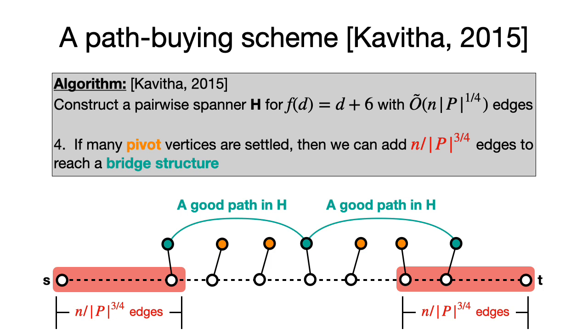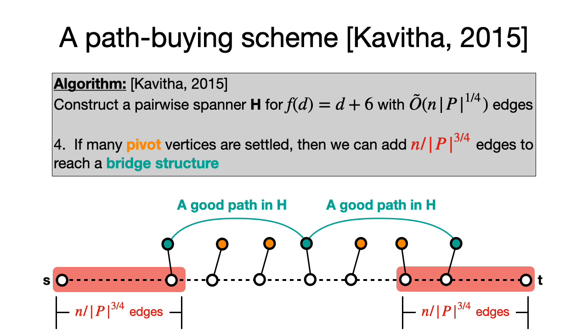The algorithm considers 2 complementary cases. In the first case, if there are many pairs of pivots on the path already settled, then we can find a bridge structure. The bridge consists of 2 pairs of settled vertices with 1 common pivot in the middle.